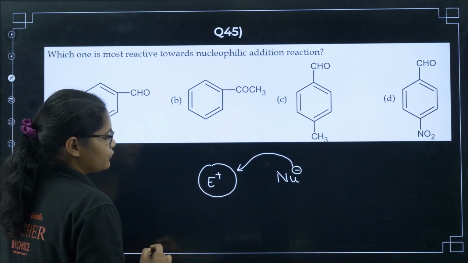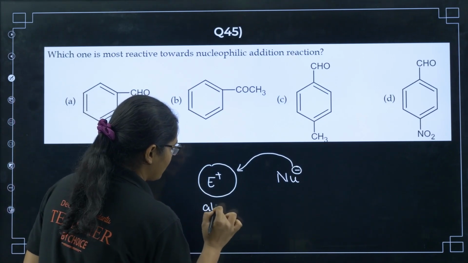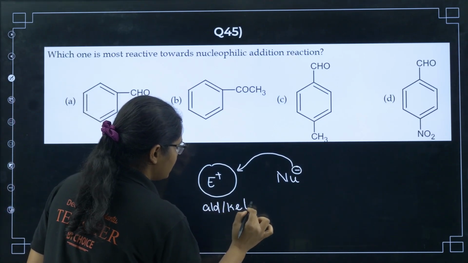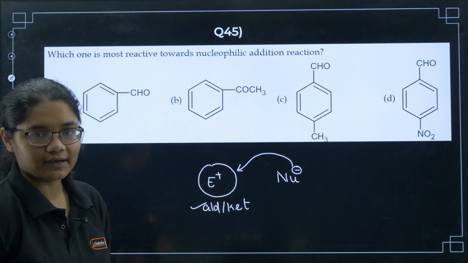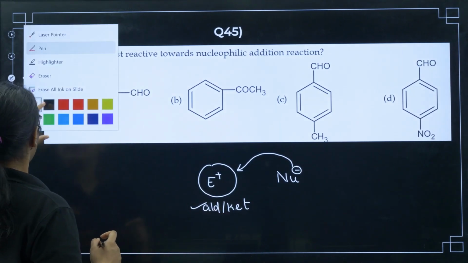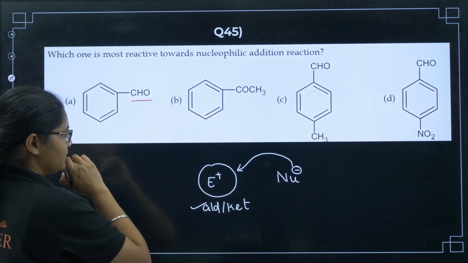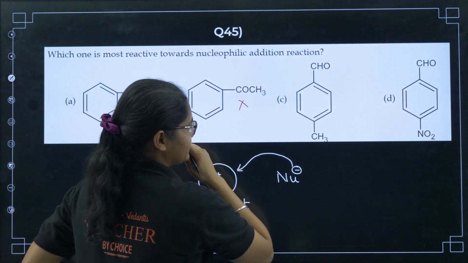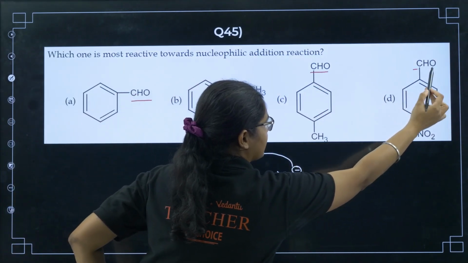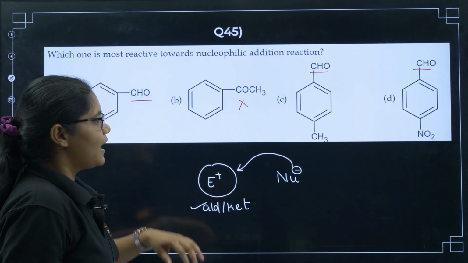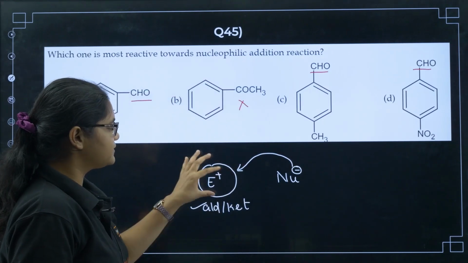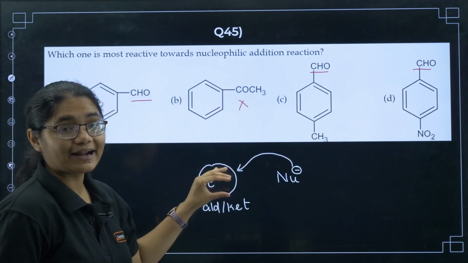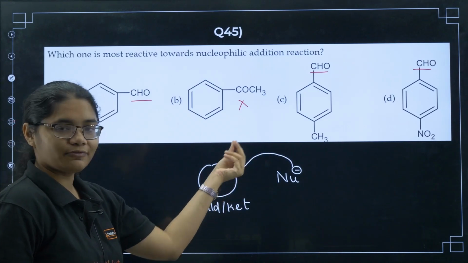And one more thing I have to check here, that if there is an aldehyde or ketone, then aldehydes will react faster than ketones. Okay, so here I can see there is an aldehyde, here there is a ketone, so this will react slowest, so I can eliminate this one. Here I have an aldehyde, here also I have an aldehyde. Okay, after that what I should check is that this reactant should be electrophilic in nature, because a nucleophile is attacking.